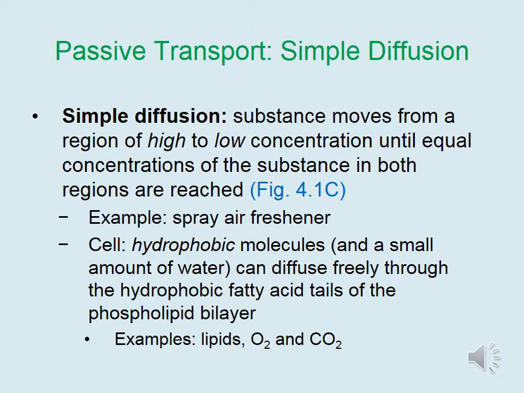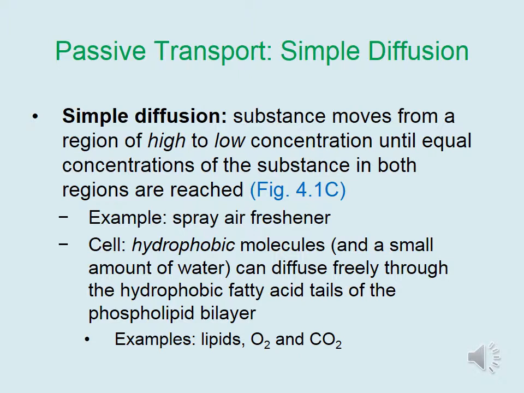During simple diffusion, which is the first type of passive transport, a substance moves from a region of high to low concentration until equal concentrations of the substance in both regions are reached. Consider a simple example of spraying air freshener. If you spray air freshener on one side of the room, it will reach the other side of the room pretty shortly.